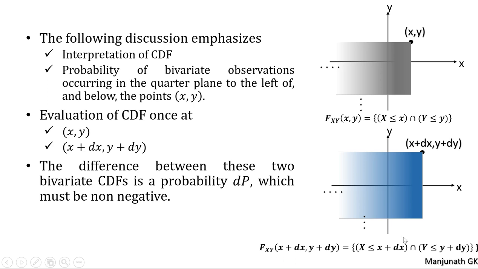It can be defined as the probability of the intersection of X and Y, so X is x plus dx and Y is y plus dy. This complete explanation, let us understand using some graphs here.